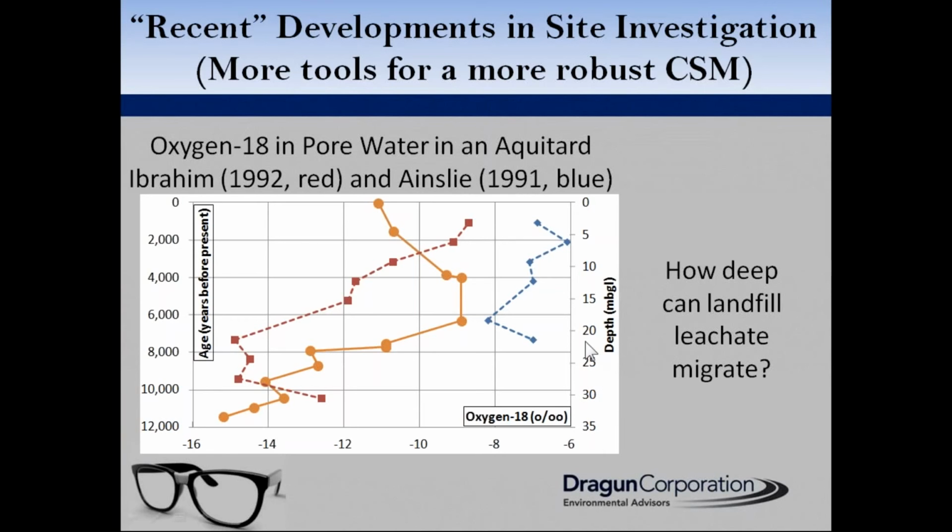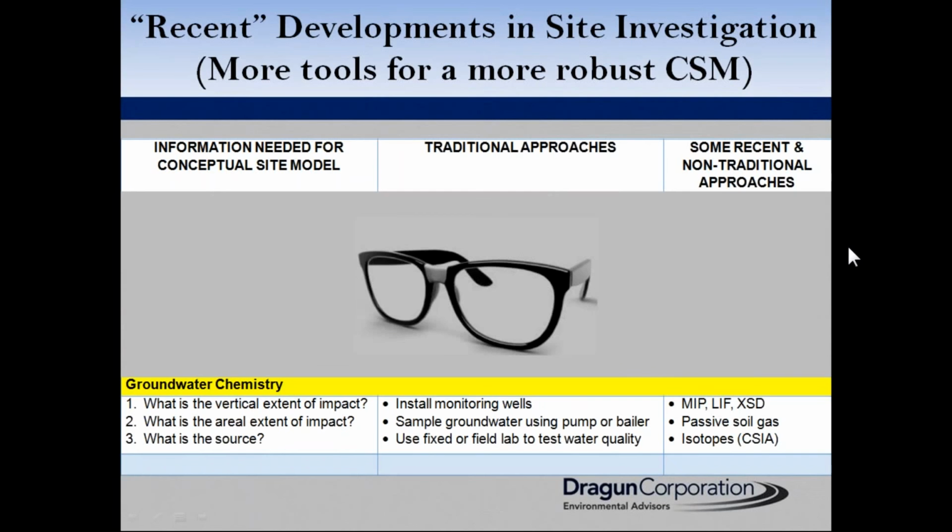So below 20 meters below grade, the water was tens of thousands of years old, or 10,000 years old. Another graduate student, Andrew Ainsley, in the blue, found less definite old water at another site, but definitely at the site that Ibrahim looked at, the water was old and could have been used at least for a regular landfill without worrying about impacting the groundwater below.